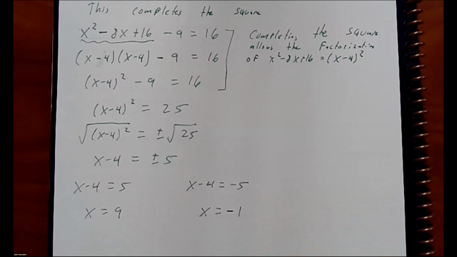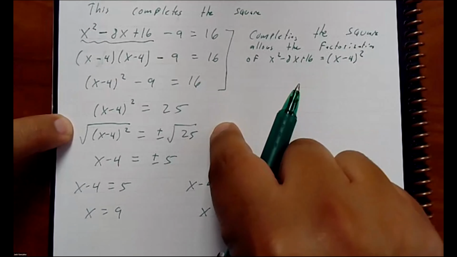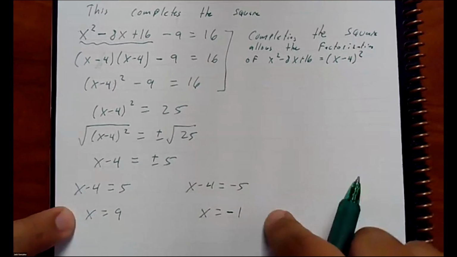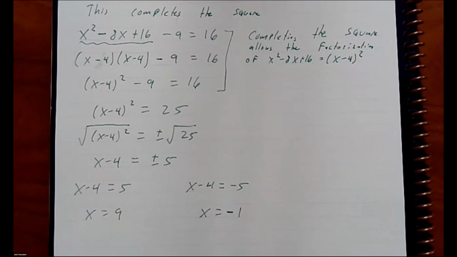So we completed the square in order to square root both sides and find x. We solve for x. Any questions on the method? We'll start something new if you don't.